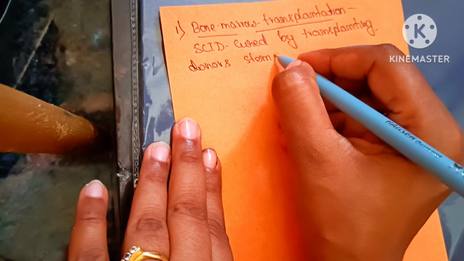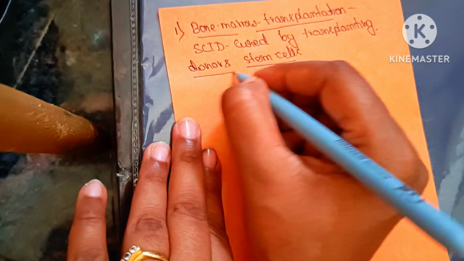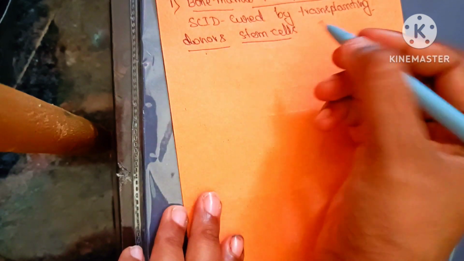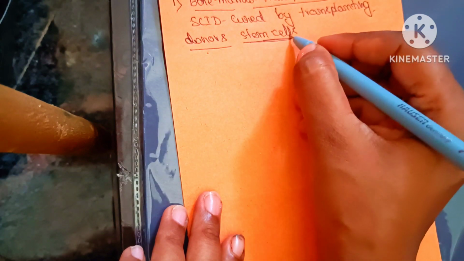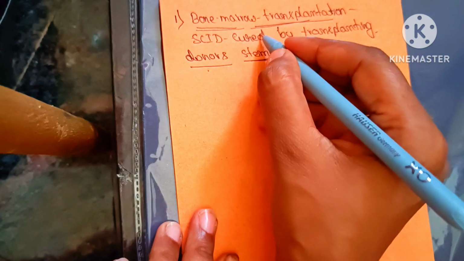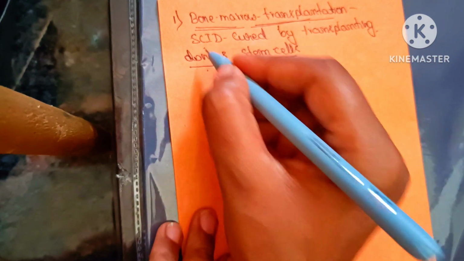If any person is identified with SCID condition, then from a normal individual, whom we can call a donor, they will collect the stem cells and directly transfer them into the patient. This is one of the approaches to cure. Bone marrow transplantation is one of the approaches to cure SCID condition.